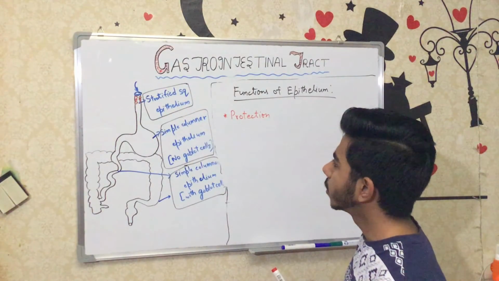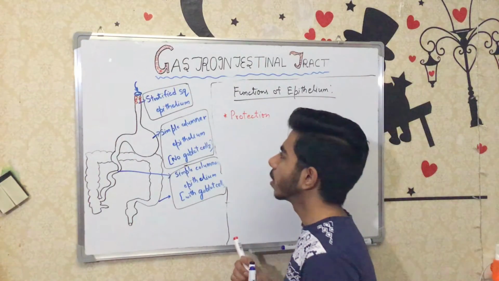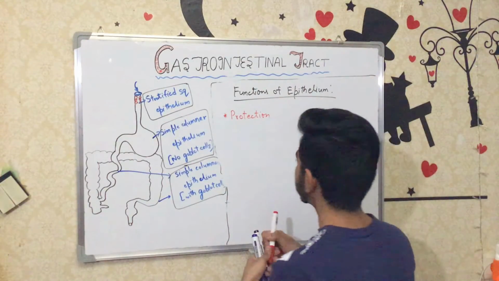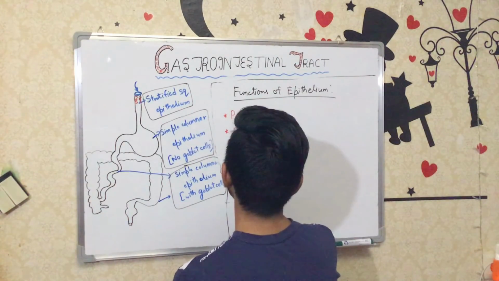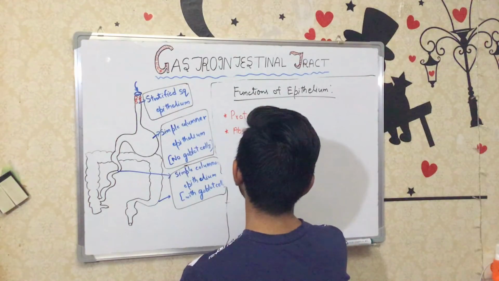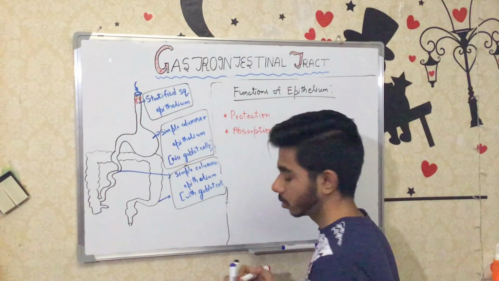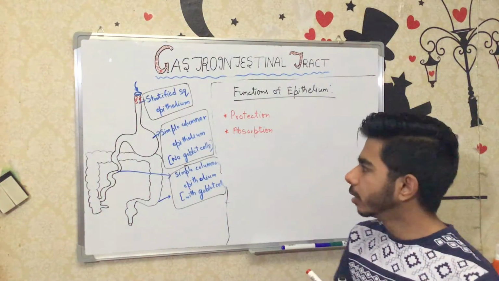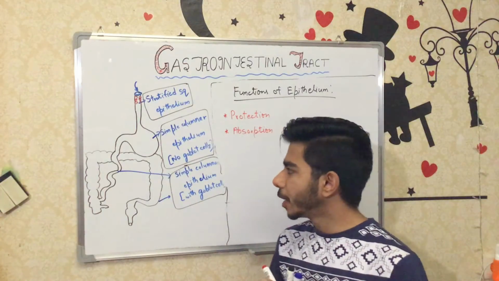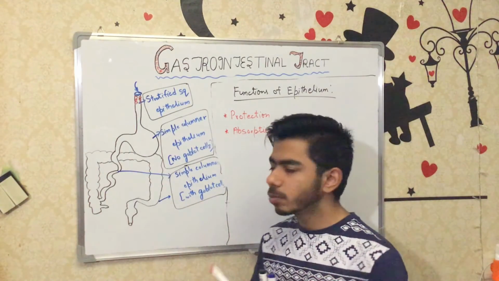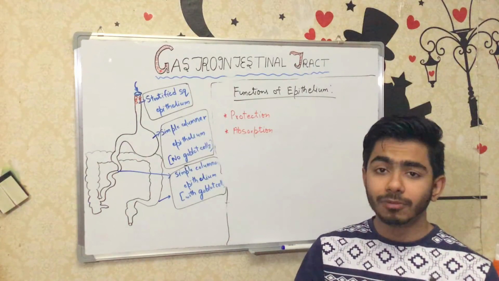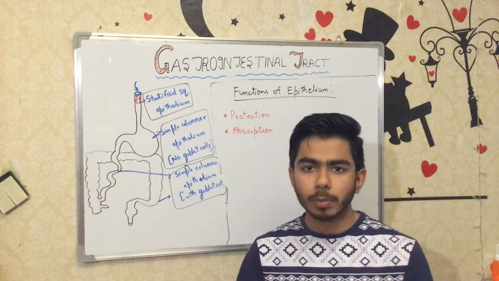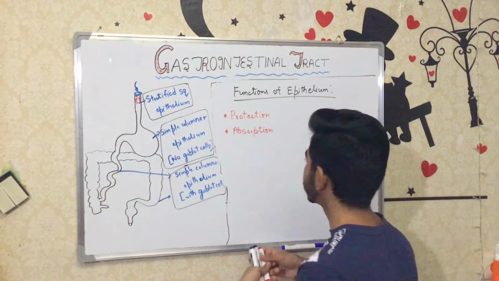Now, one more thing. After protection, they have one more function, that is absorption. The epithelium has microvilli and villi, especially in the small intestine, and they have the plica circularis and glycoproteins. So four major things they have.